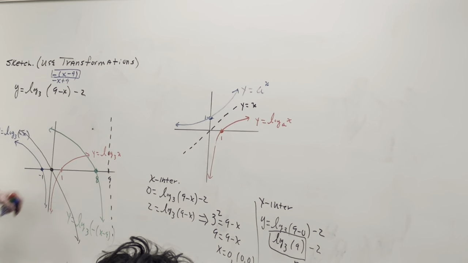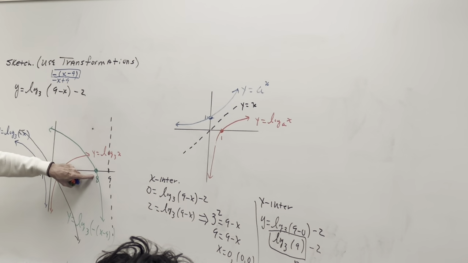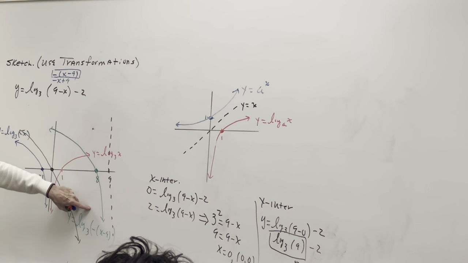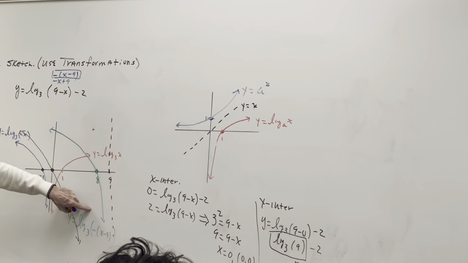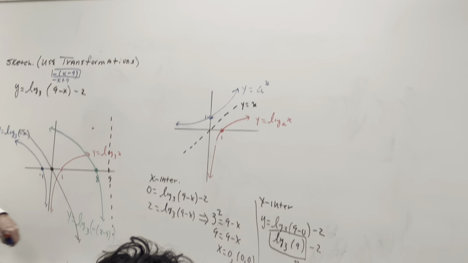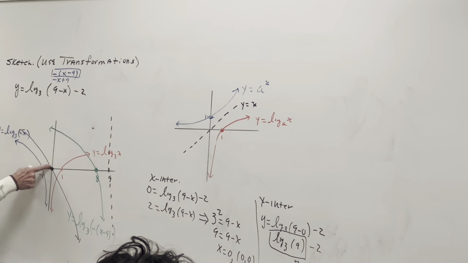Is the black graph representative of the final graph? If we want to do it more precisely, I know when you shift down 2, this point right here would be shifted down 2. So should my graph actually pick it up? Could I revise it, still looking the same, but make it a little more detailed?